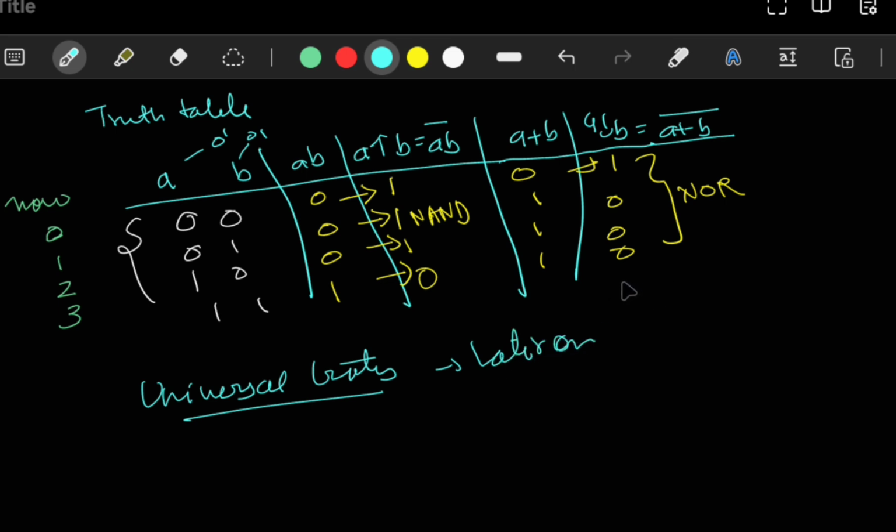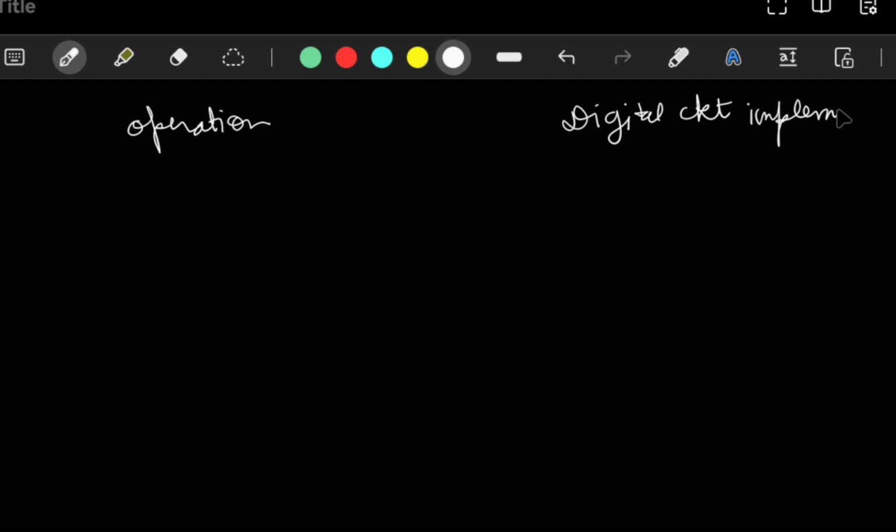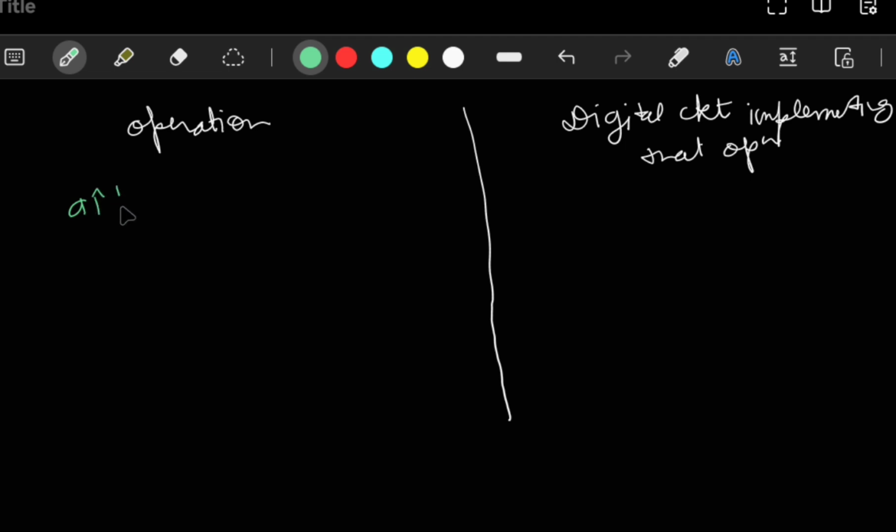For NAND operation, we have a digital circuit implementing that operation. Right? If your operation is NAND which is complement of AND.